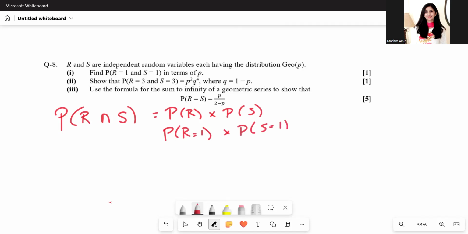Equal to 1 means that on the first attempt, there's a success. So that's just P, and this will be P as well. So the answer will be P squared.